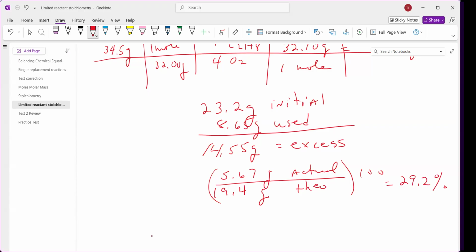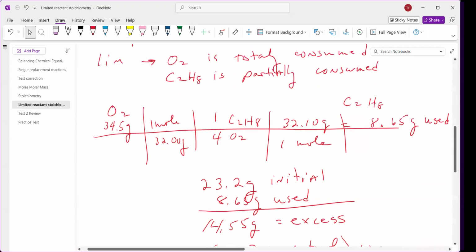So we had an actual yield of 29%. Every problem is going to have these parts.